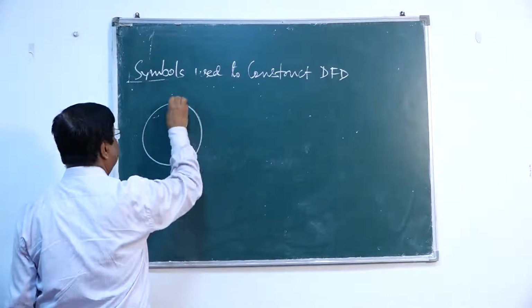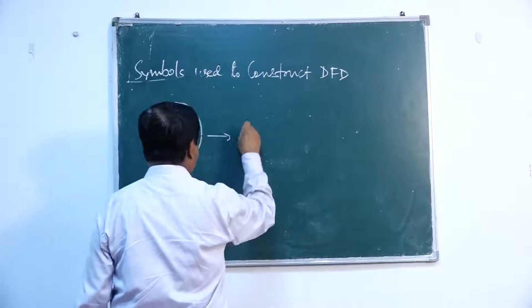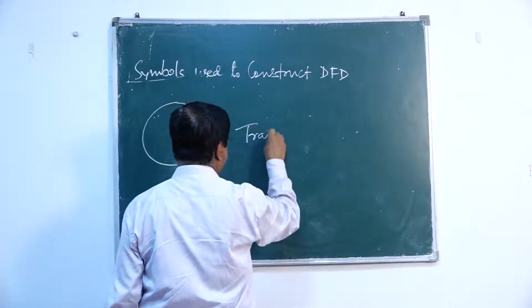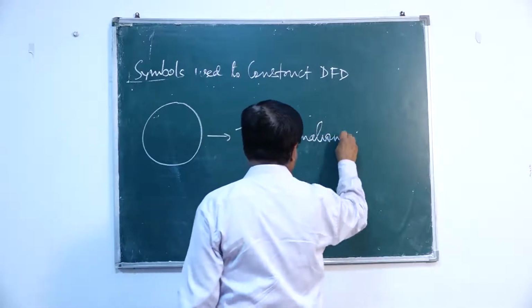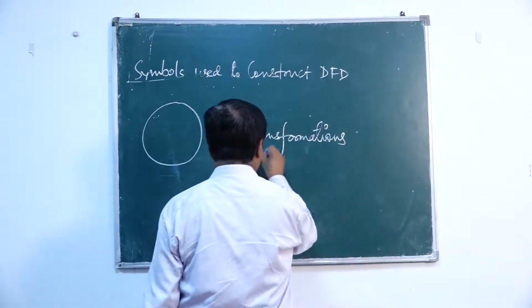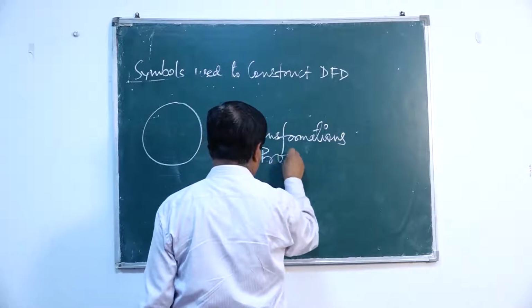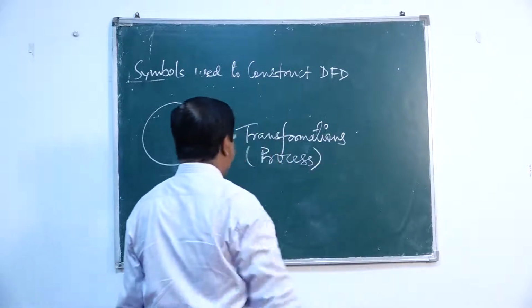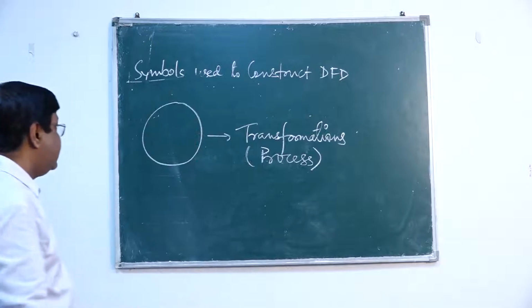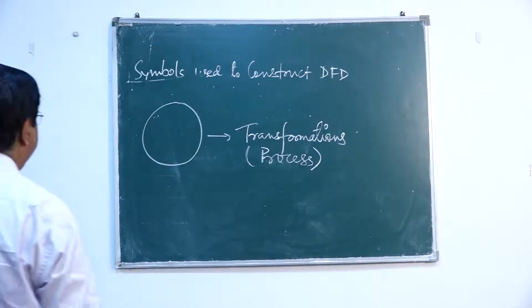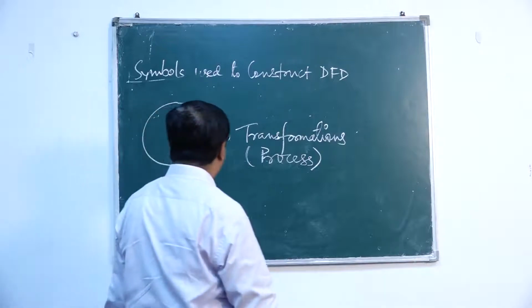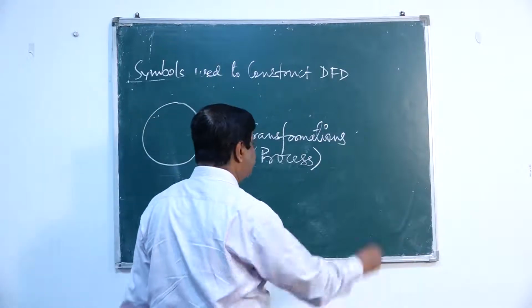Circles are used to show transformations. That is the process. Means circles are used to represent the processes of the system. Processes means how a data element gets converted from one form to another form.